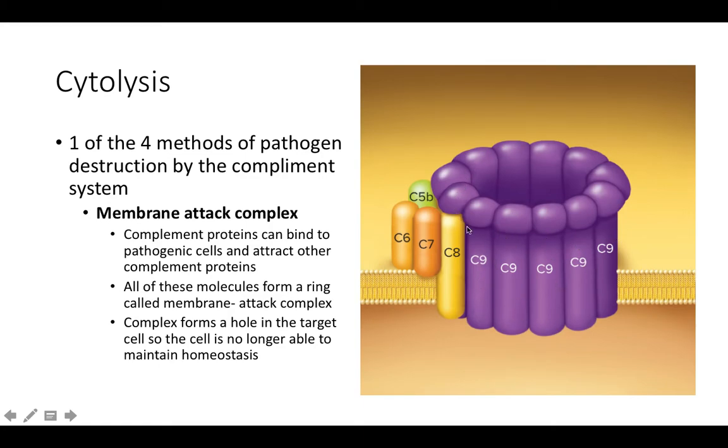As a result, we get this ring called the membrane attack complex, given the name. Sort of like the perforins that we talked about with the natural killer cells, it forms a hole in the target cell. Instead of releasing granzymes, it just creates this inability for the bacterial or pathogenic cell to maintain homeostasis because things are flowing in and out of it, and eventually it will die.